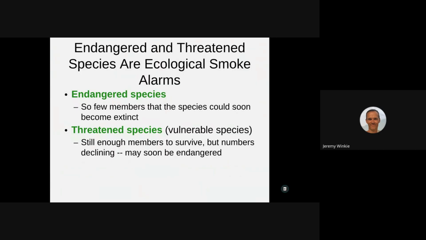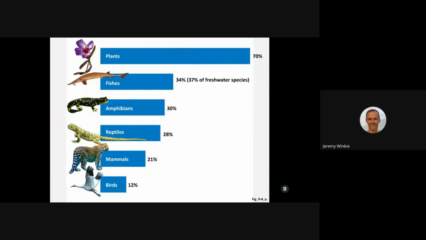Okay, and then there's a little bit of difference between these two things. You have an endangered species, and then you have a threatened species. Your project this week is going to focus on endangered species, but when you're doing your research, you might come across the word threatened sometimes. Okay, and then here's a breakdown of what exactly is currently threatened and endangered.